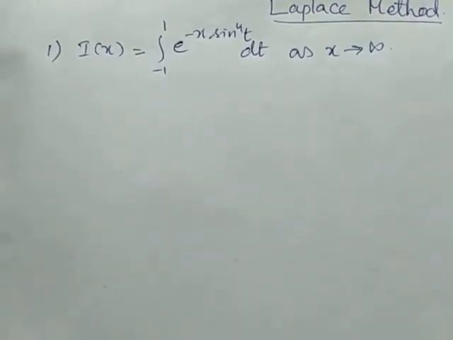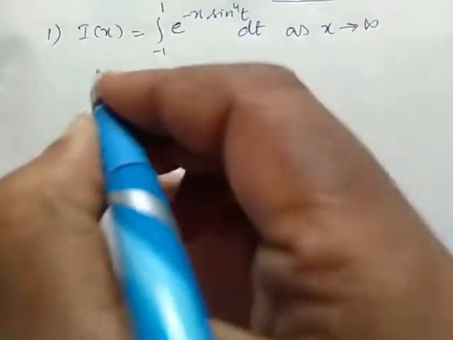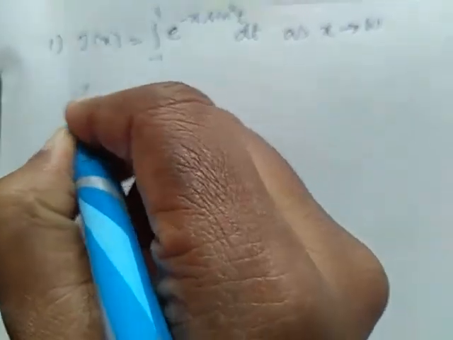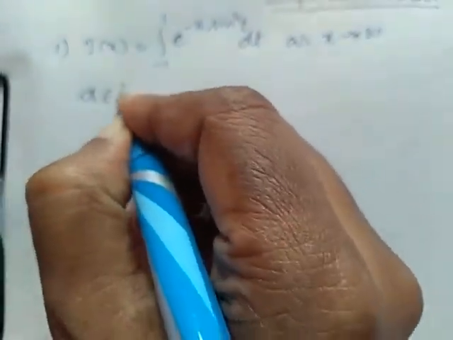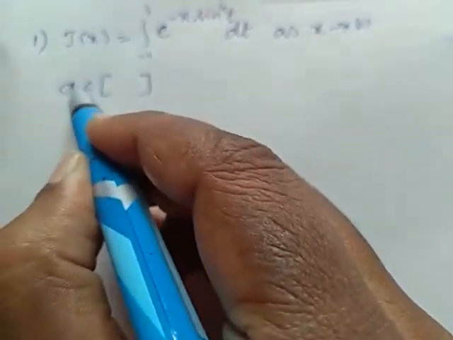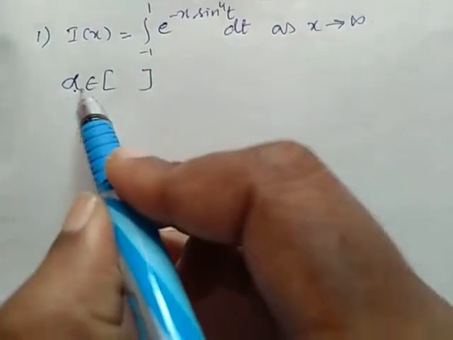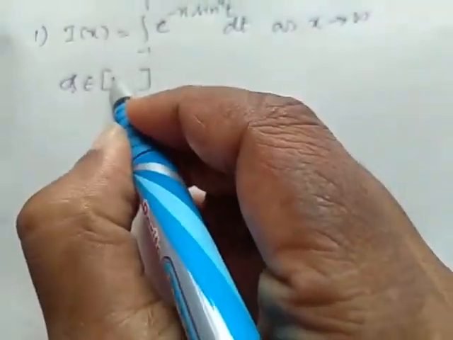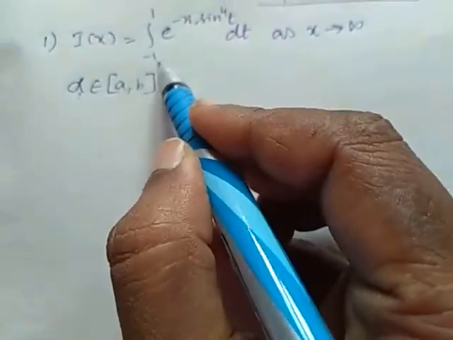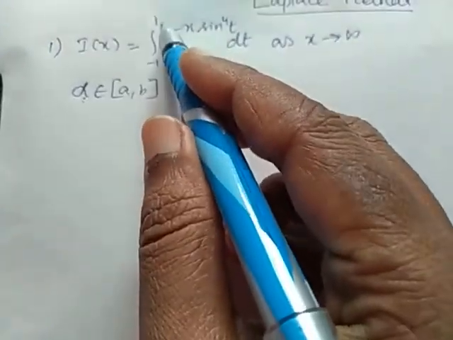See, we are having three cases. One is the maximum point alpha belongs to the interval. This alpha is our solution. At alpha we are having the maximum value. So this alpha belongs to (a, b). In this case our a is -1, b is 1.